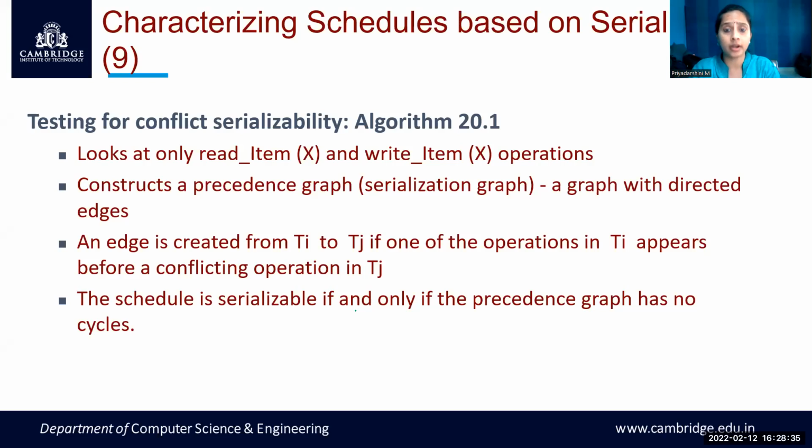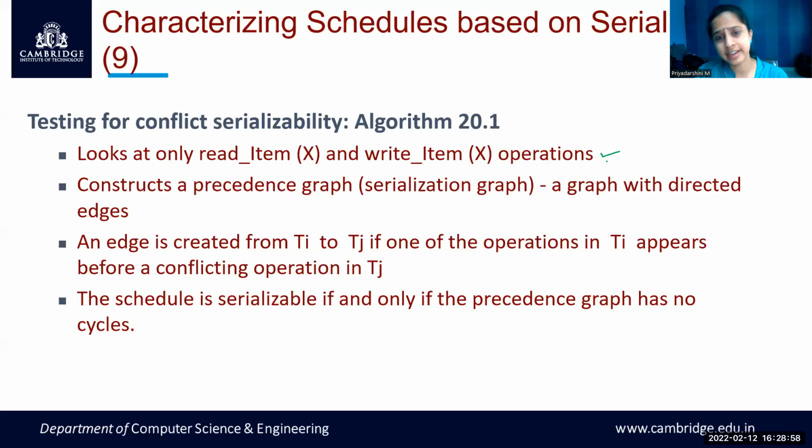That means checking whether the schedule is correct, whether it is a 100% correct execution of data. The final data is perfect if it is serializable; otherwise, it is not perfect. So how do I check? They have come up with an algorithm, and this is the algorithm we need to know.